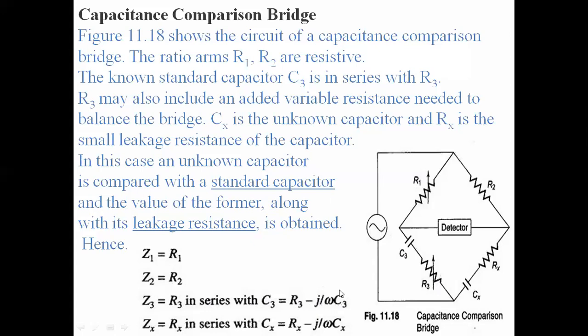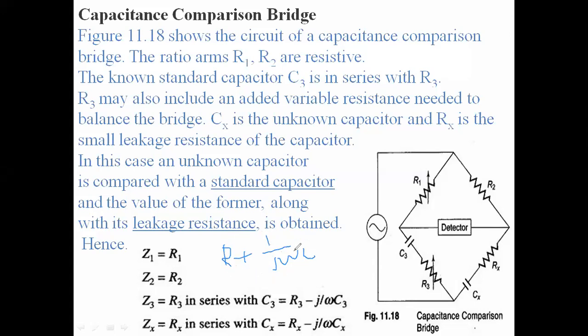I think you may know how this is represented. Just for remembrance, I am showing it here: R plus 1 by j omega C is the representation when a resistance and a capacitor are in series.